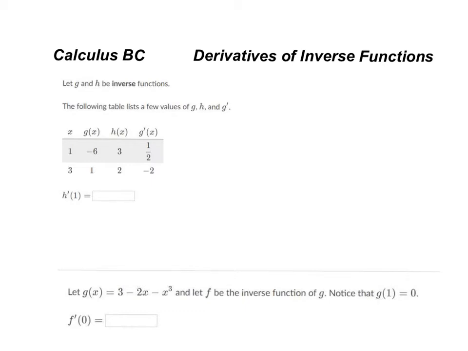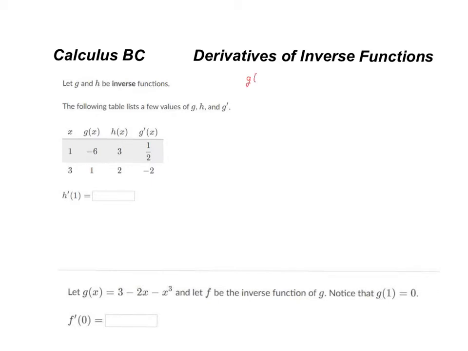So, all in all, when we do inverse functions, and because this first problem is dealing with g and h, I'm going to use g and h, but we can use any version thereof. What we want to look at is that inverse functions undo each other.